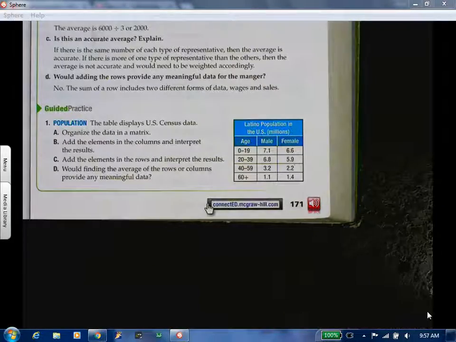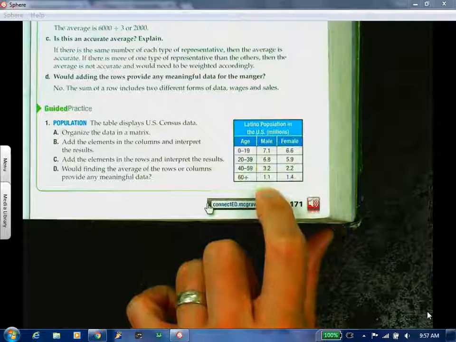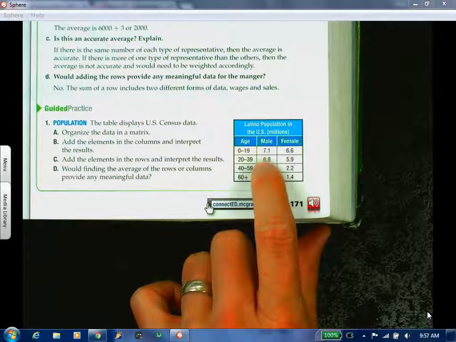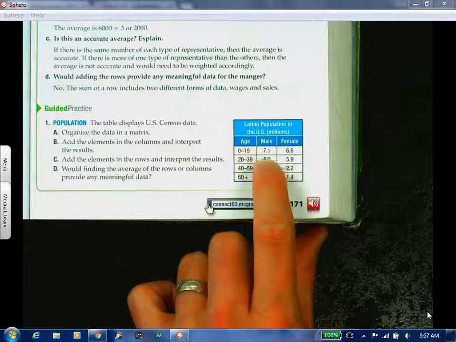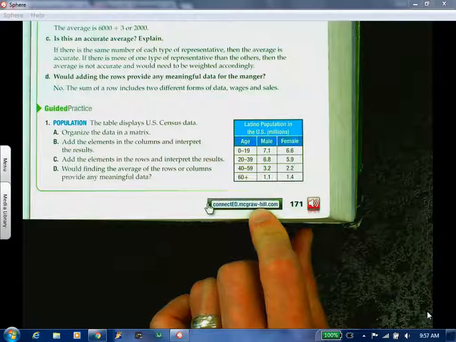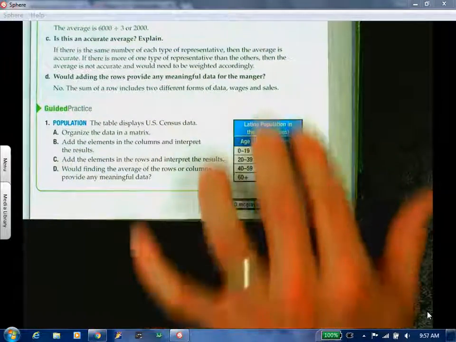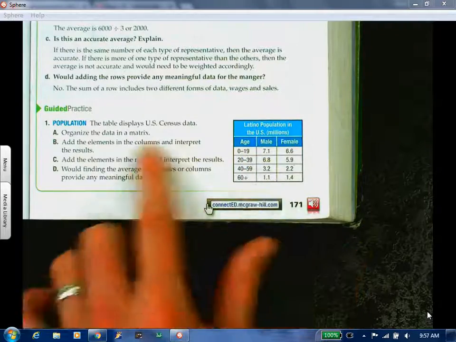If we are adding the elements in the columns, am I adding down or across? Am I adding the 7.1 to the 6.8, 3.2, and 1.1, or am I adding the 7.1 to the 6.6? Down. Columns go up and down. So we need to add that up and then interpret what those results mean.